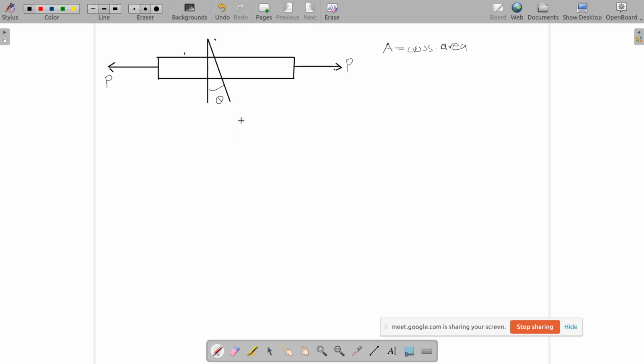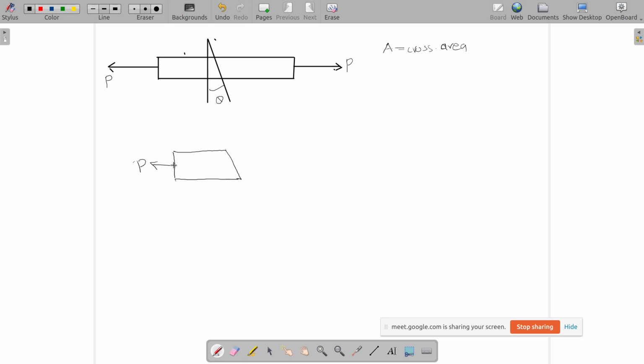So if we make the cut this way, we can draw the free body diagram of the cut section of the bar on the left side.